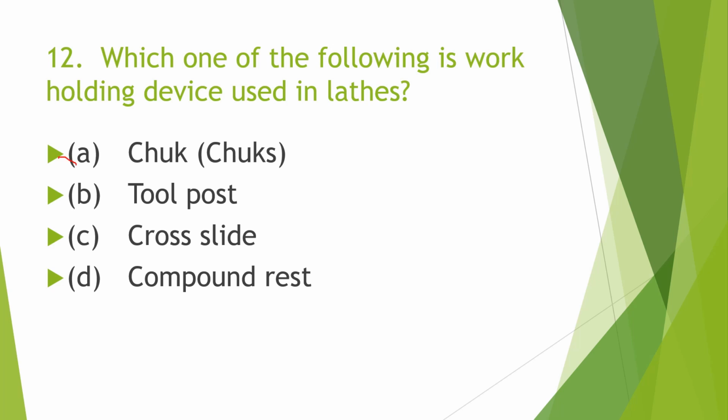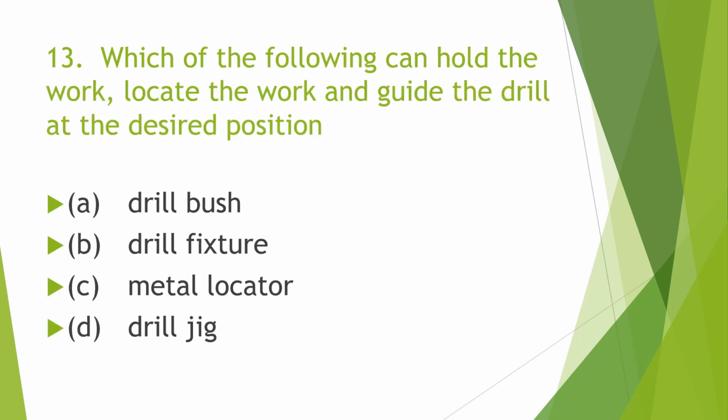Answer will be A. Chuck. Question number 13. Which of the following can hold the work, locate the work, and guide the drill at the desired position? That will be drill jig.